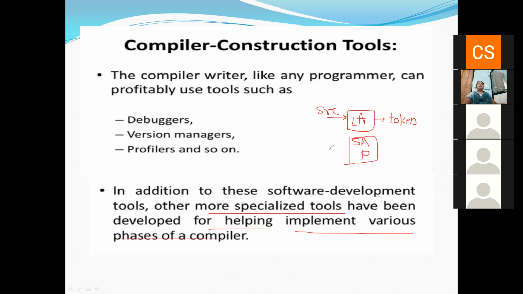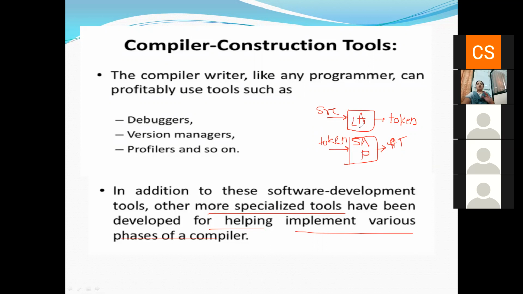Like the second phase of the compiler, whenever tokens are provided as input to the syntax analyzer or parser, its job is to generate the parse tree out of these tokens. These are the small units of the project.